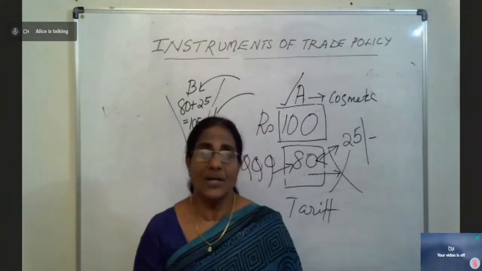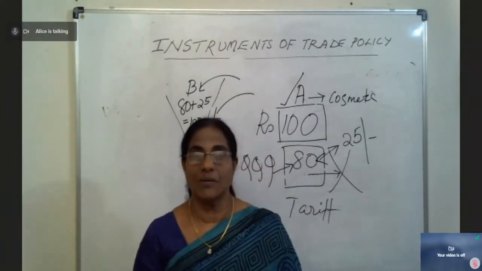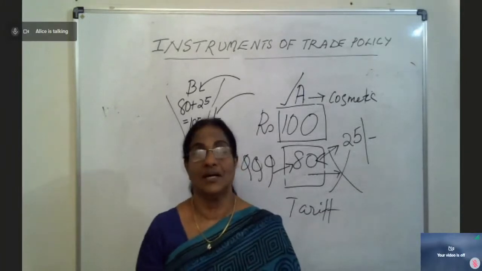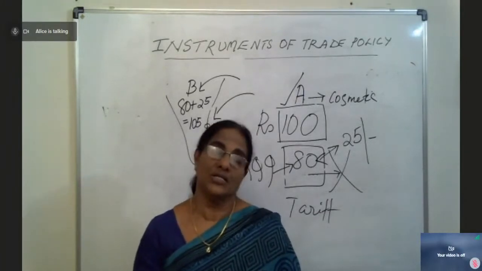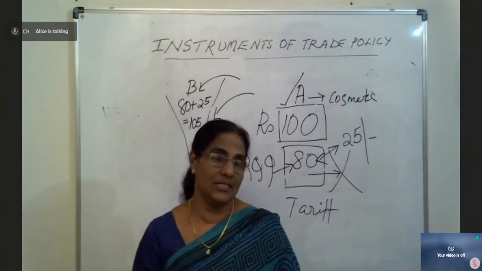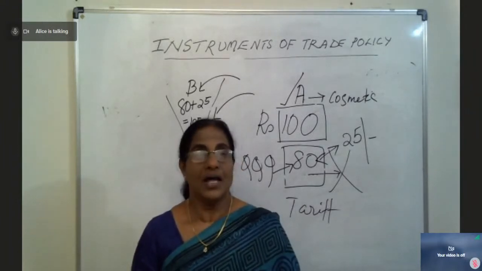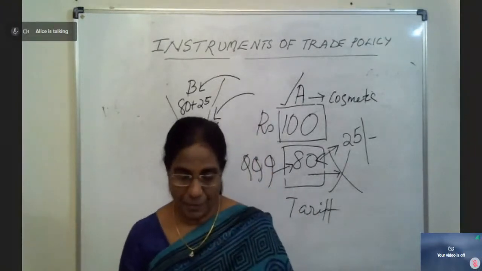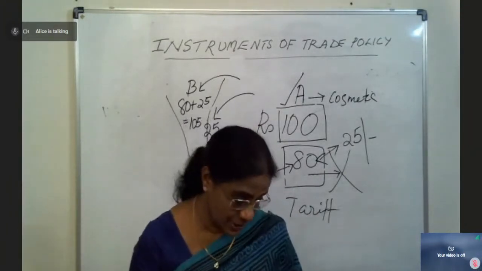Now when I said tariff, you should immediately remember Donald Trump, with due respect. What did Donald Trump do in 2018, some 2 years back? He put 25%, the best example of protection, that's why I am mentioning this.